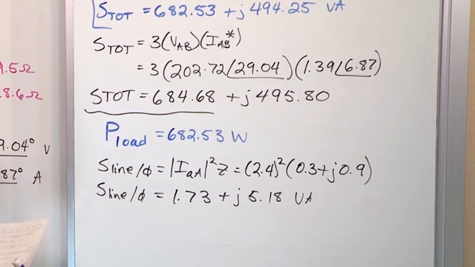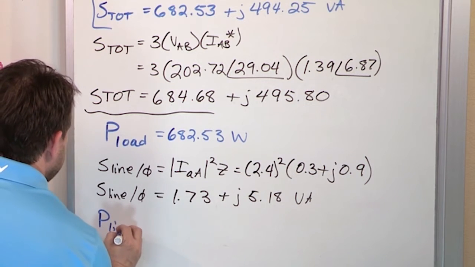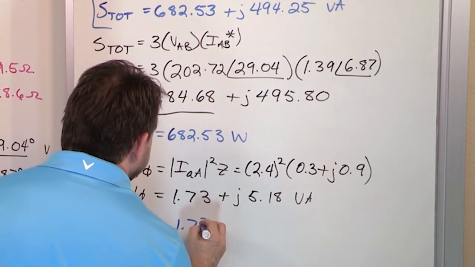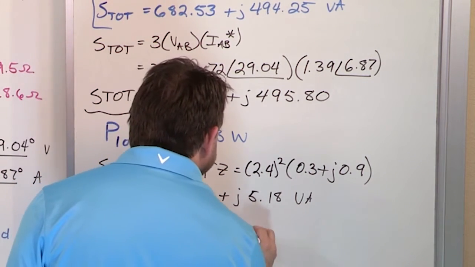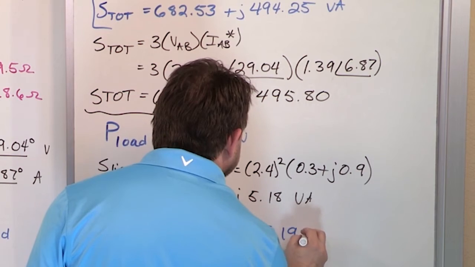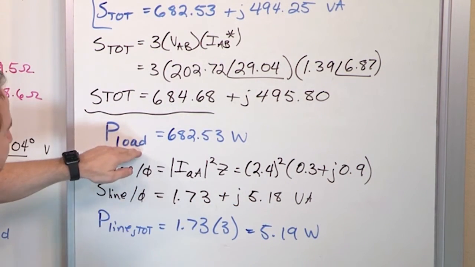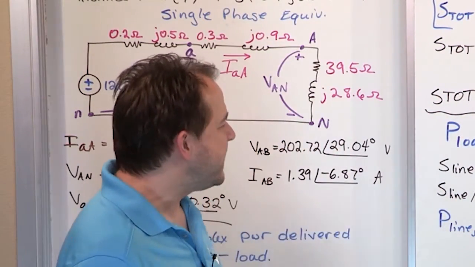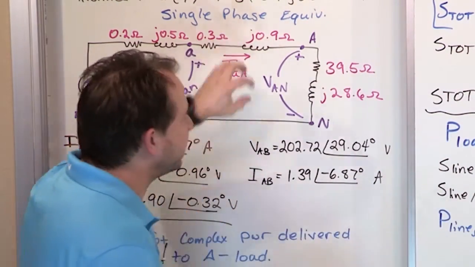The total line losses would be the power lost, P part, in the line total, which means this times 3, 1.73 times 3. And the answer to that is 5.19. So we already know how many watts of real average power is delivered to the load itself, and now we figured out how many real watts of power is actually lost in the line itself.